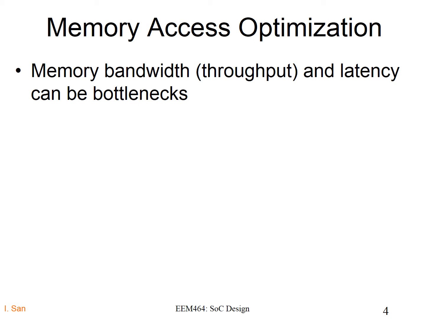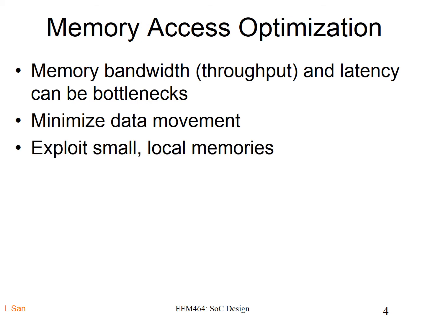In order to improve them, you need to minimize your data movement. If your application has less data movement, it is better. To minimize data movement, you can exploit the small and local memories which are very close to your CPU or your processing system.